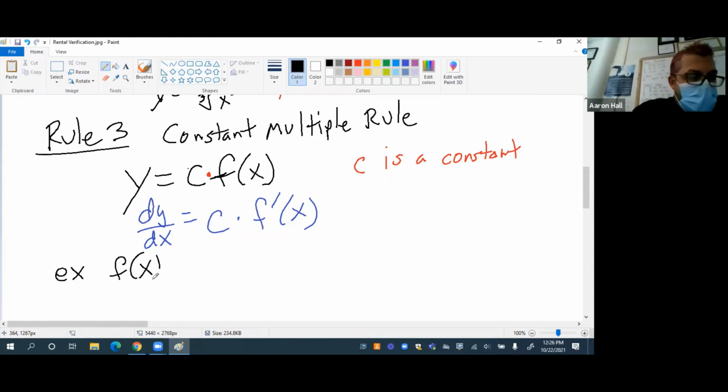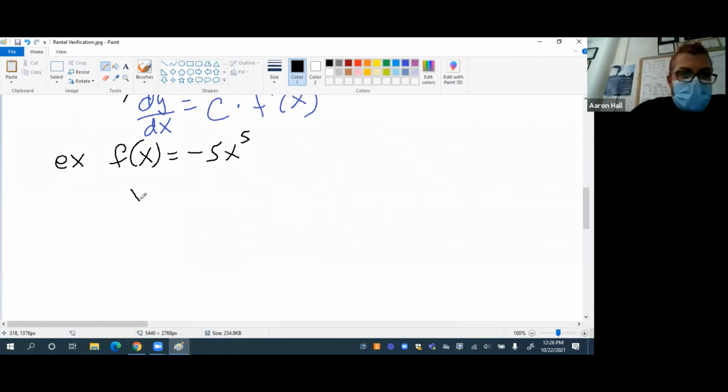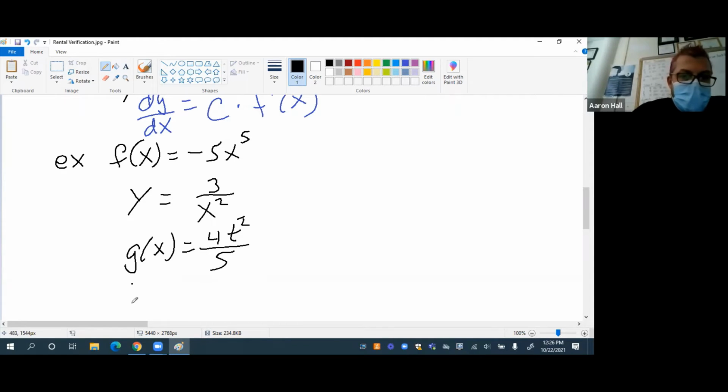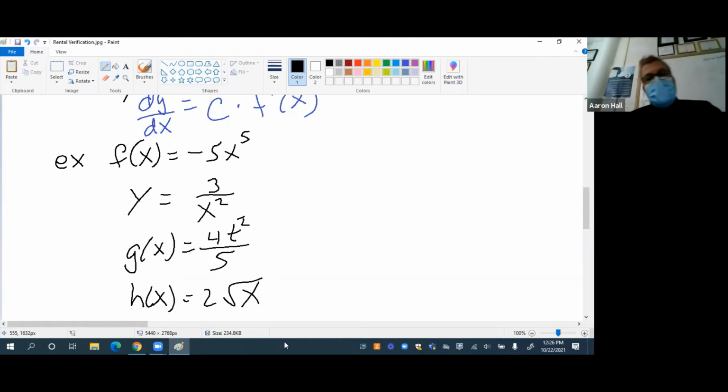If I have f of x equals negative 5x to the power of 5, let's do y equals 3 over x squared. We have a g of x, which equals 4 times x squared over 5. We have an h of x, which equals 2 times the square root of x.